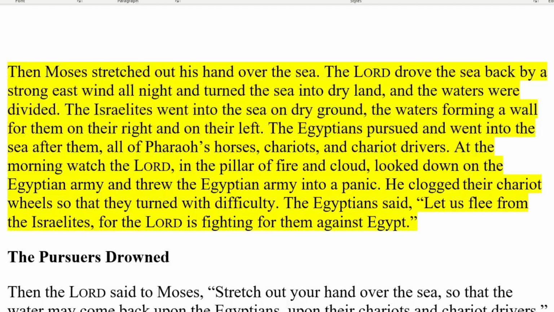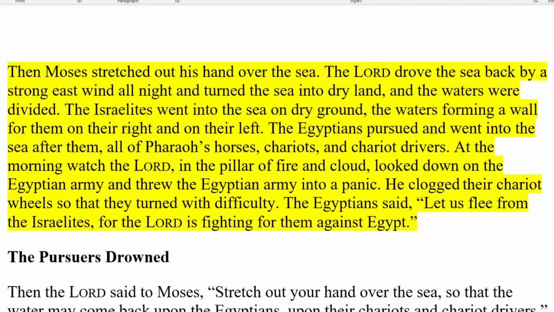and it looks like it's the end for them. But then Moses stretched out his hand over the sea. The Lord drove the sea back by a strong east wind all night and turned the sea into dry land, and the waters were divided. The Israelites went into the sea on dry ground, the waters forming a wall for them on the right and on their left.